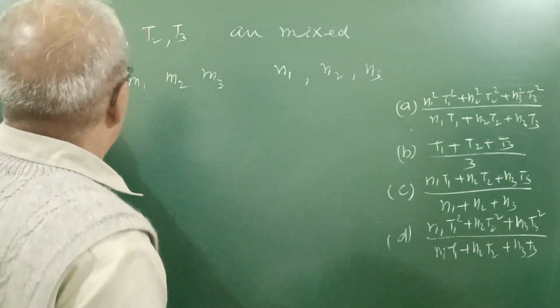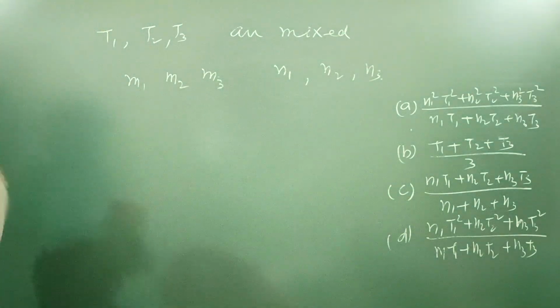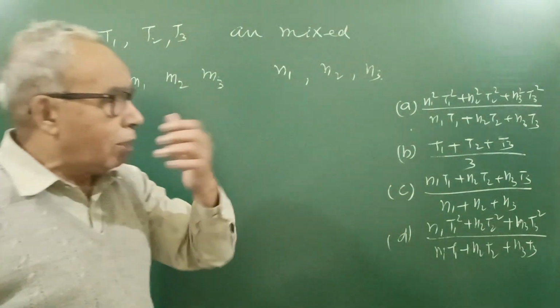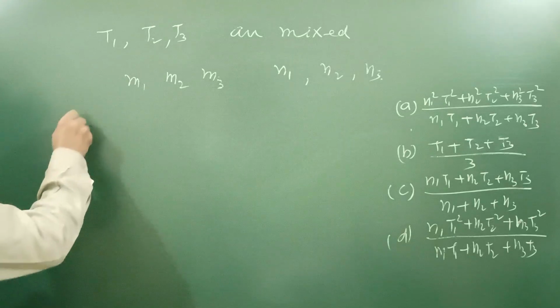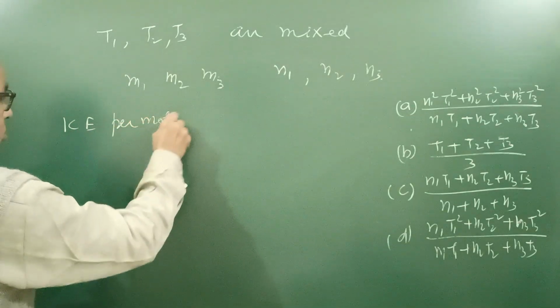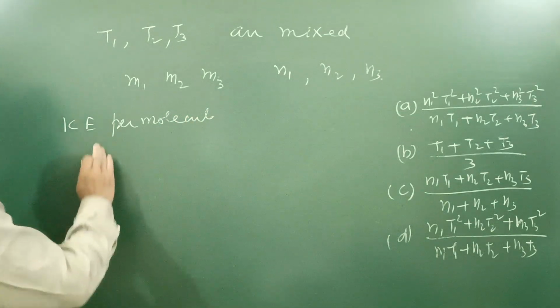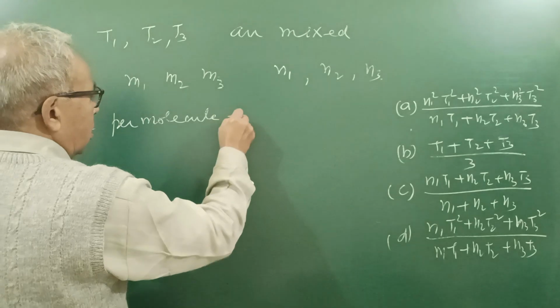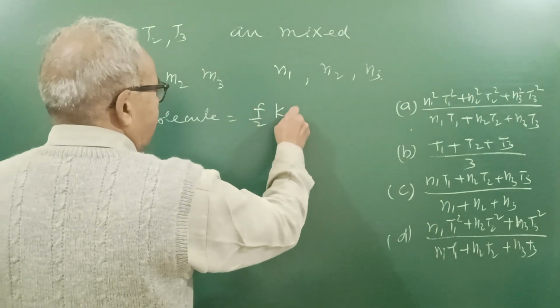Ideal gases at temperatures T1, T2, T3 are mixed. So there will be no loss of molecules and no loss of energy. At final temperature T, the kinetic energy per molecule of gas is F/2 kBT.